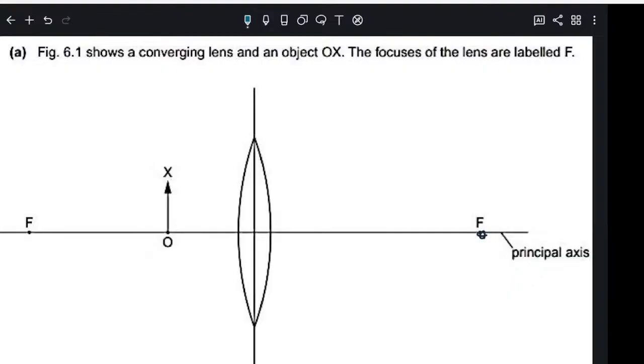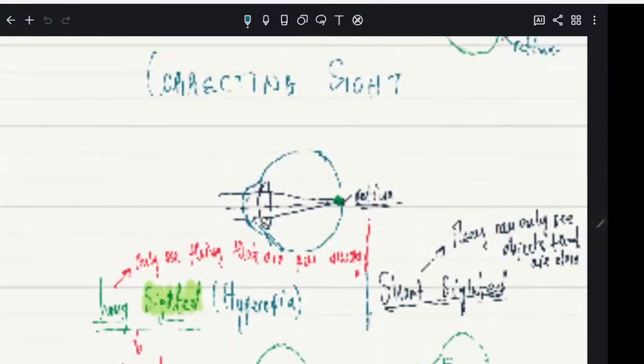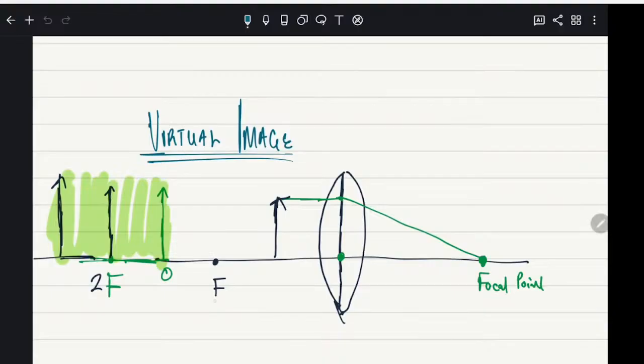Look, I can easily see where the 3 good positions are. They start after 1 focal length. The first one is between 1 focal length and 2 focal lengths. The second one is exactly at 2 focal lengths. The third one is after 2 focal lengths.